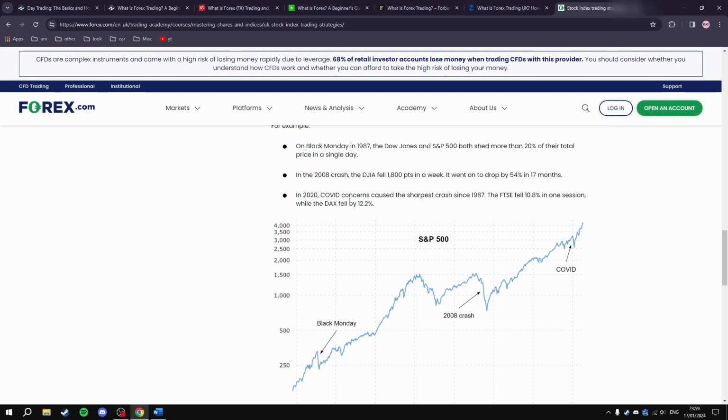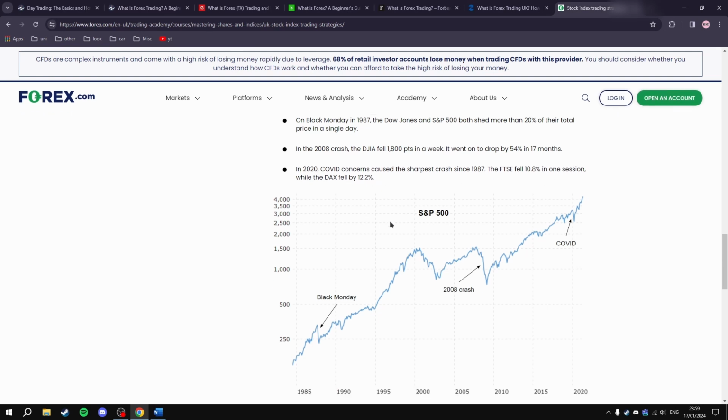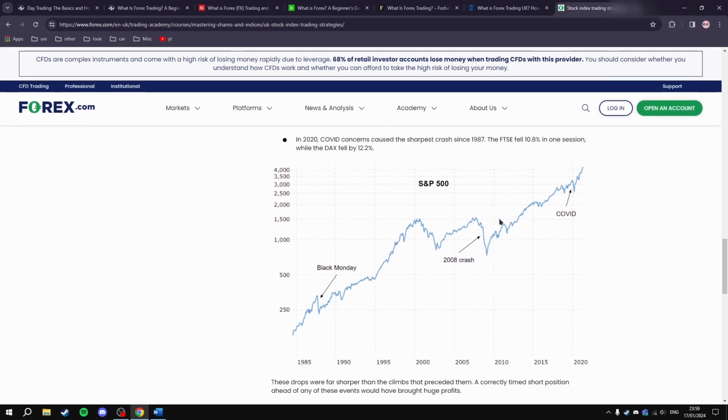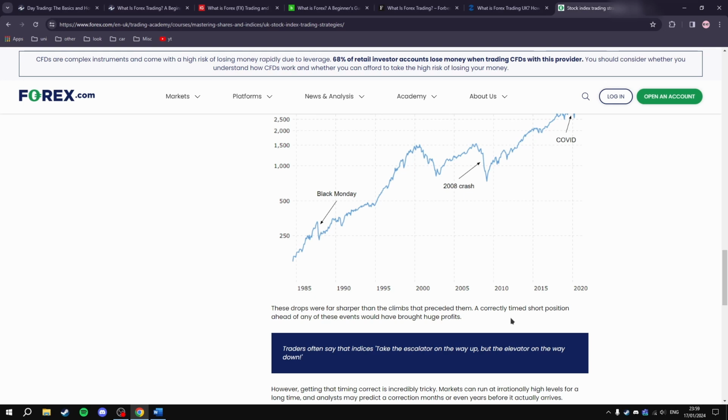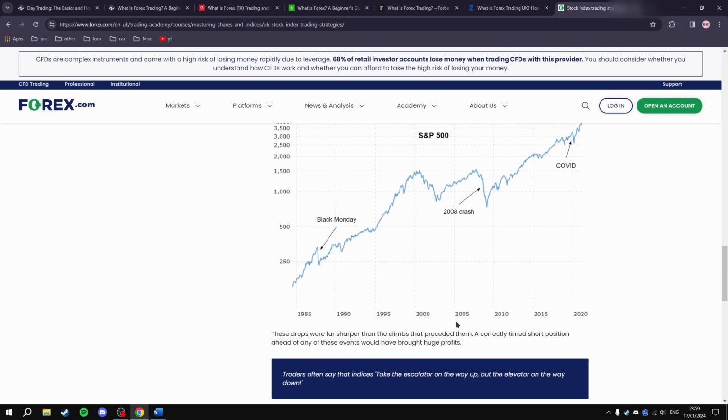In 2020, COVID concerns caused the sharpest crash since 1987. The FTSE fell 10.8% in one session, while the DAX fell by 12.2%. These drops were far sharper than the climbs that preceded them. A correctly timed short position ahead of any of these events would have brought huge profits.